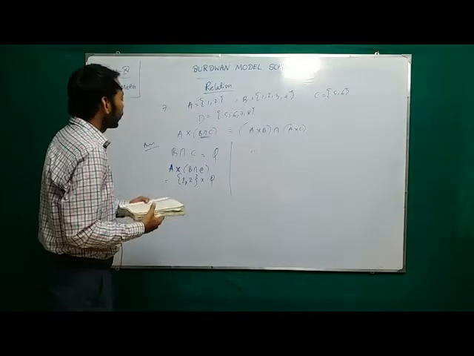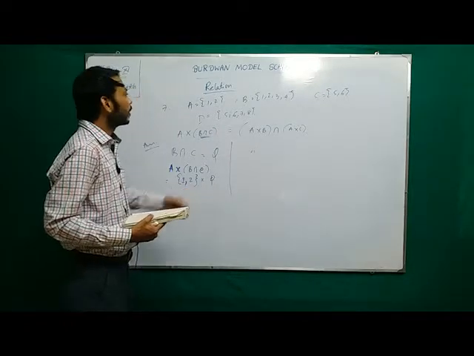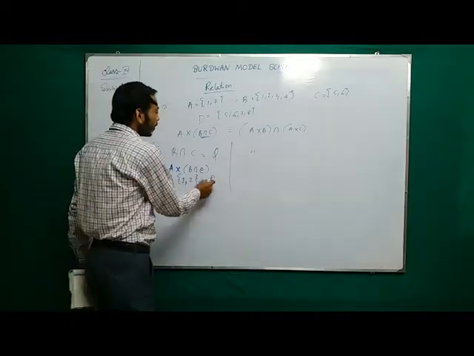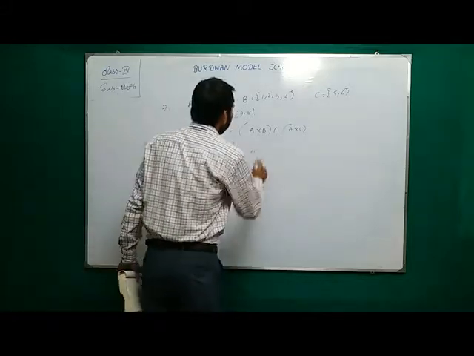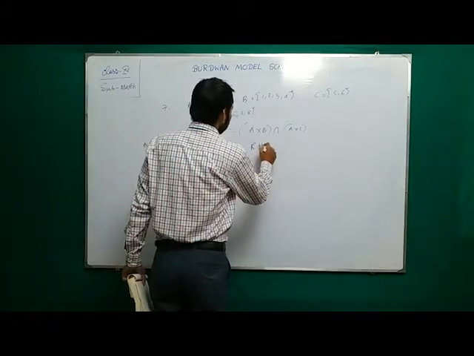Now what will be the cross product? Here you can see phi means it contains no element, so it will be phi. Okay. Now come to the RHS.